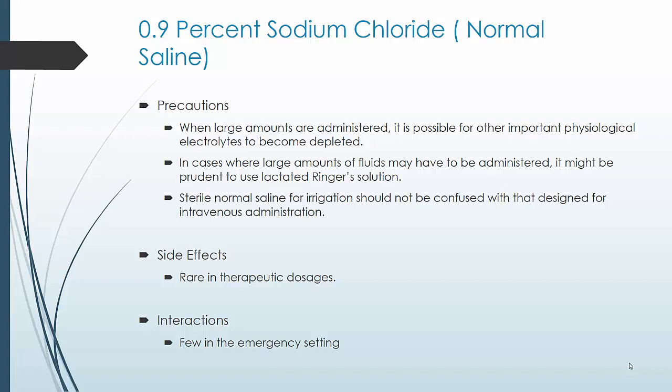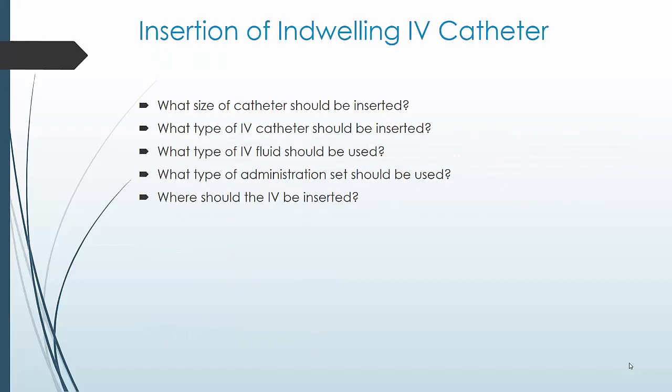If you're giving large amounts of fluids, you probably would want to use lactated ringers before you would use normal saline. All right. Now, important note here: sterile normal saline for irrigation should not be confused for IV administration. Just keep that in mind; those usually come in a plastic bottle or something like that instead of a bag. Side effects: rare in therapeutic dosages, and there are few interactions in the emergency setting.